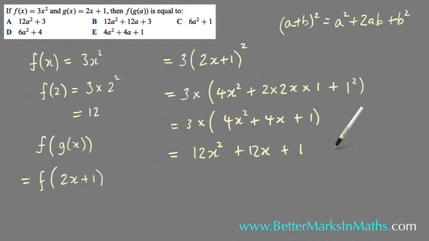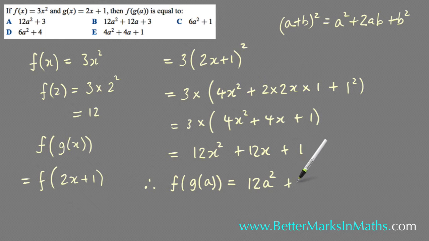And that's the answer, except it's supposed to be g of a, and I've done g of x. So I'll finish this off by going, therefore f of g of a would be equal to just replacing those x's with a, so 12a squared plus 12a plus 1, and that looks like none of the answers because I forgot to times that one by 3.